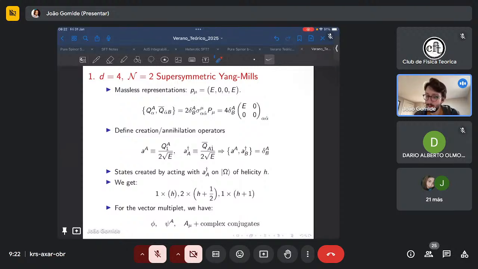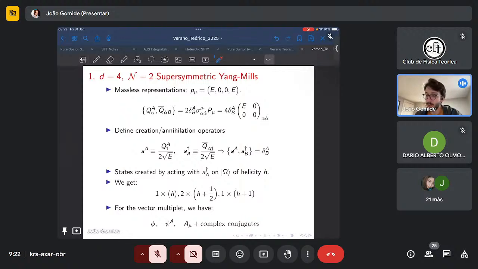Since these operators are fermionic, because Q is fermionic, we have one state without the action of any operator, which is just this omega here of helicity h. We have two states with helicity h plus 1/2, because the helicity of Q is 1/2.